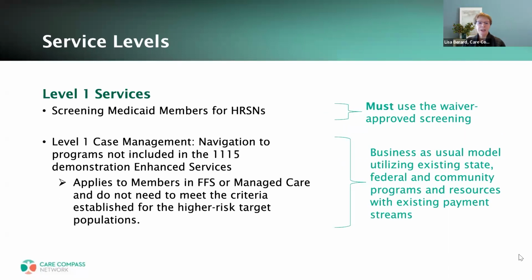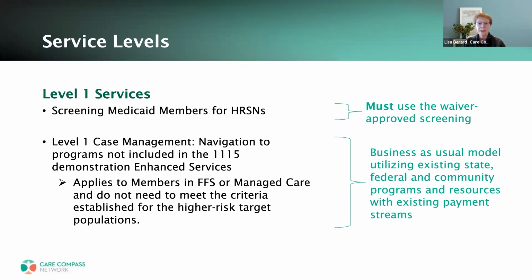Thank you. Just to level set, there are two service levels within the waiver, and level one includes the screening of Medicaid members to determine the existence of health-related social needs. I know a lot of organizations are currently doing screenings of individuals, but for the purposes of the waiver, they have identified a very specific tool that must be utilized for reimbursement.